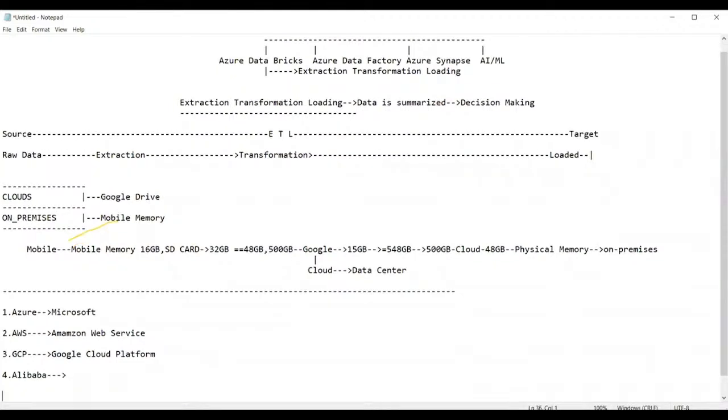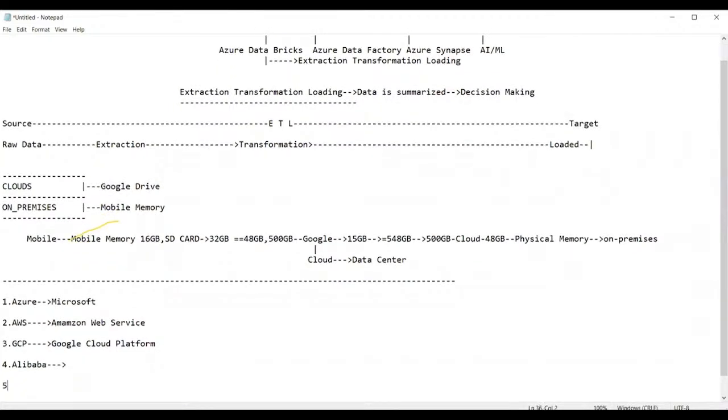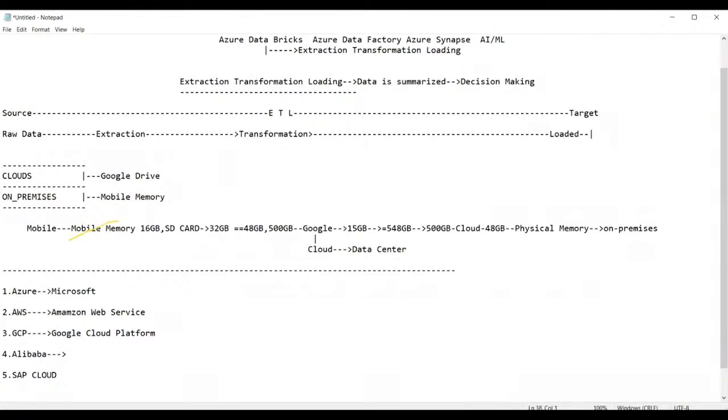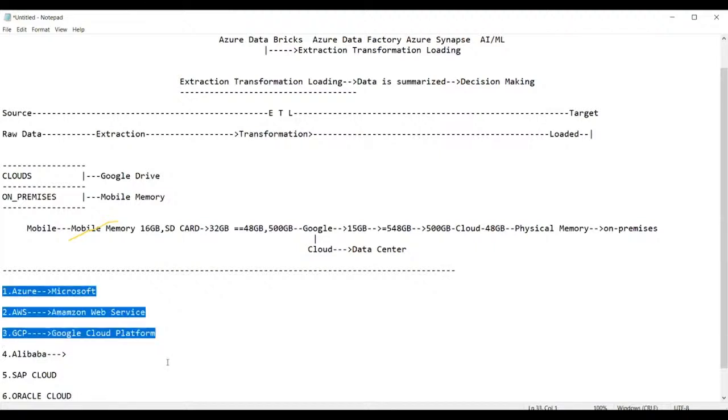Then we have SAP Cloud, Oracle Cloud, and so on. These are all cloud providers. But the market leaders are the first three, and number one in providing cloud services is Azure.